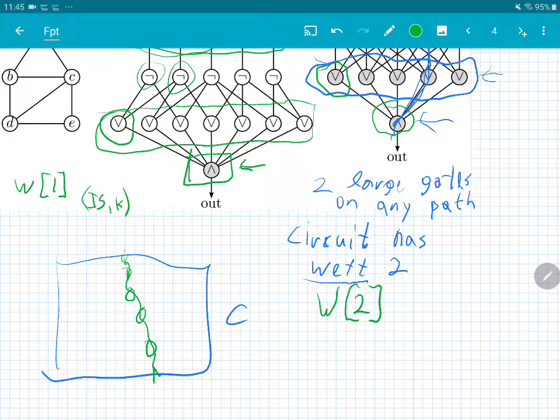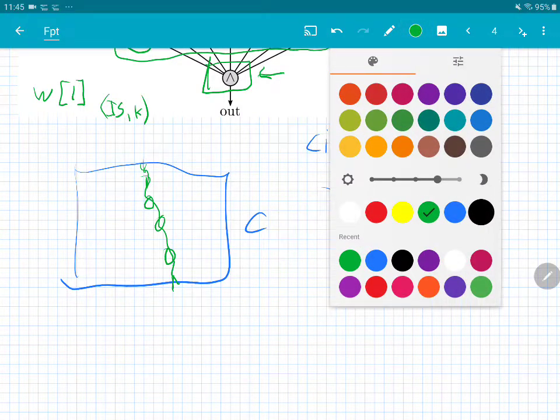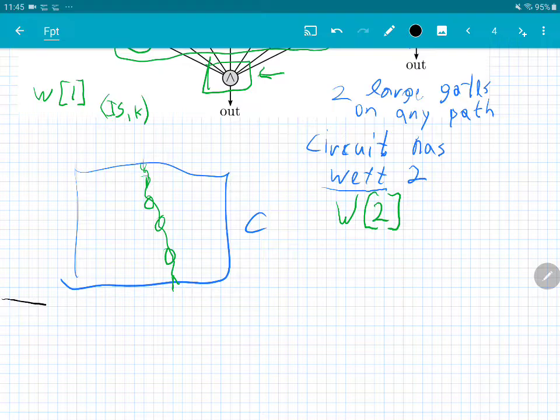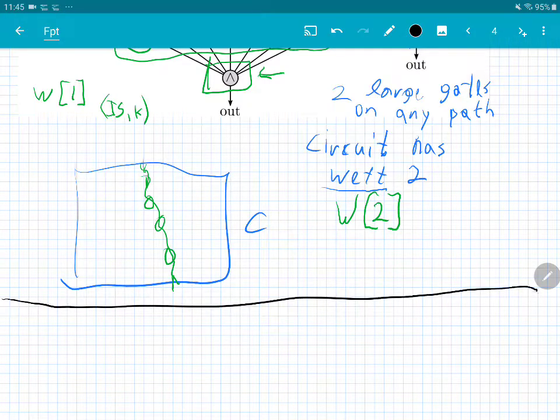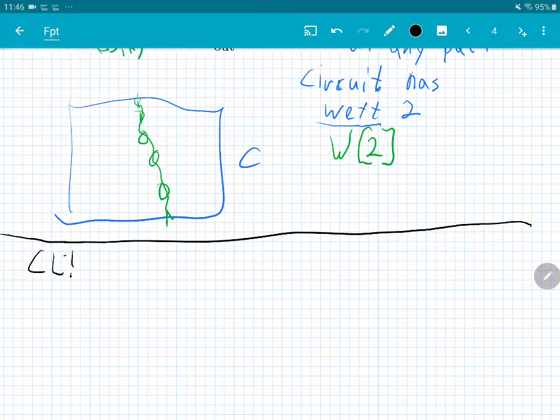Okay, and the intuition here is that independent set is equivalent to clique, it's a very difficult problem, right? Independent set, we believe it's very difficult as far as FPT.